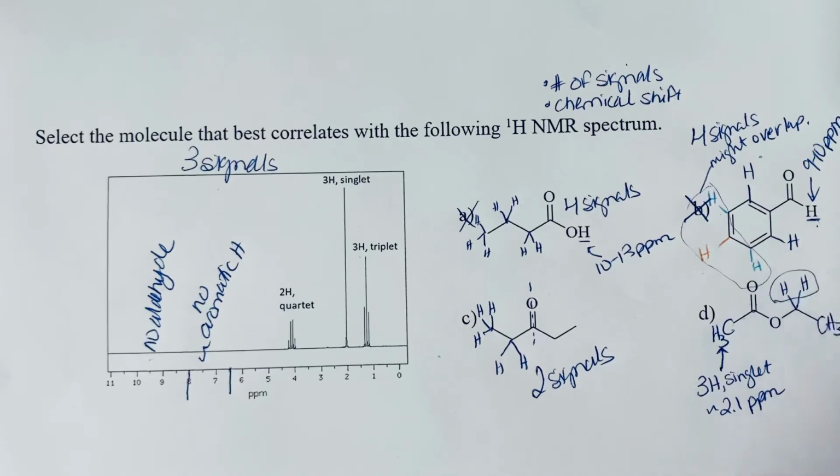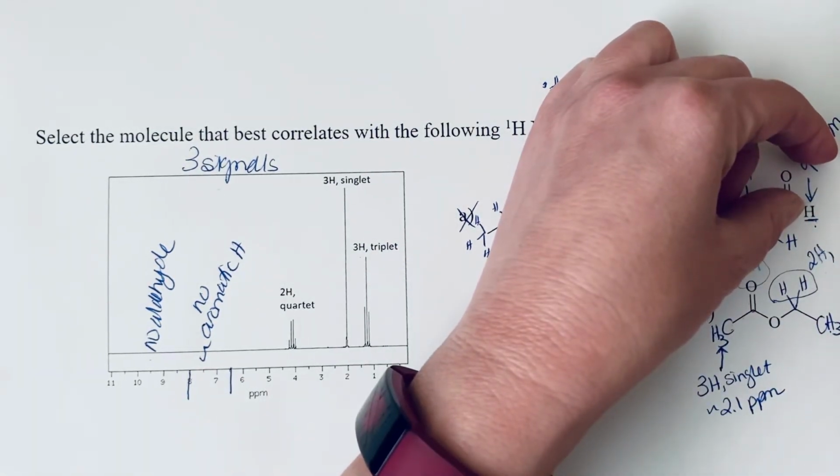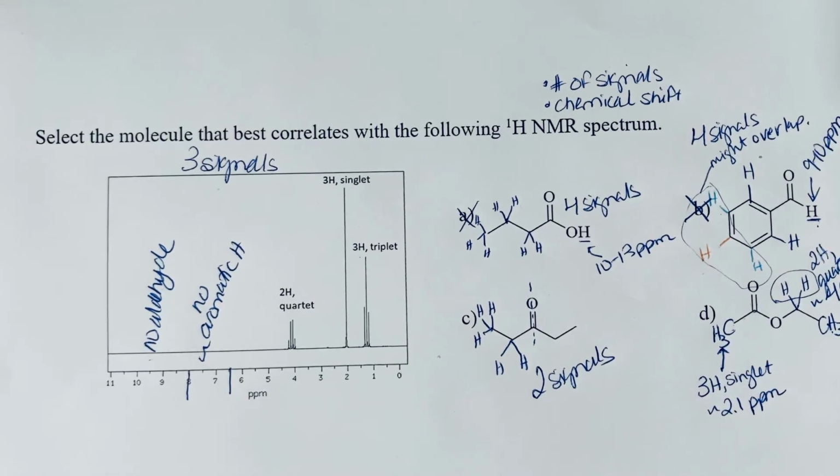And then these 2 hydrogens would be split by the 3 adjacent hydrogens. So that would be 3 plus 1 is 4, so it would be a quartet. And I'm going to guess being attached to oxygen somewhere around 4 parts per million is that general range.